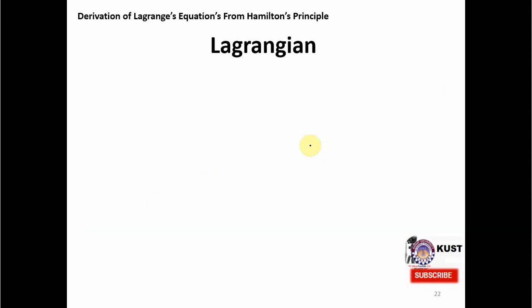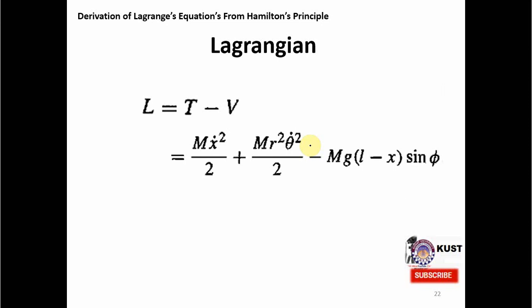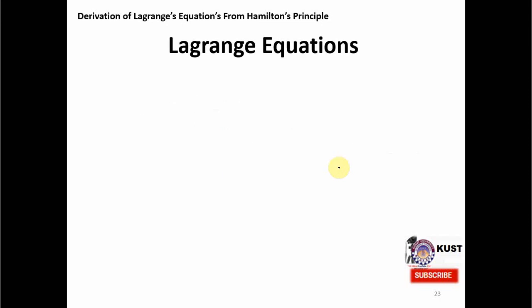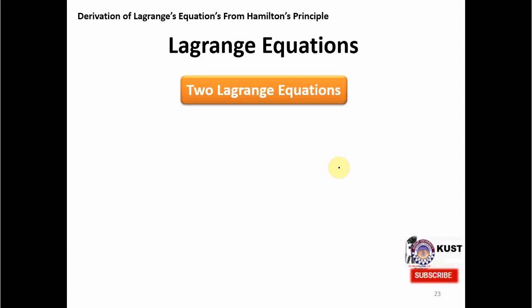So once we have the kinetic energy and potential energy, then you know that our Lagrangian is equal to T minus V. We have to simply put in the values: the kinetic energy minus the potential energy. Then we use the variational principle in order to calculate the Lagrange equations.